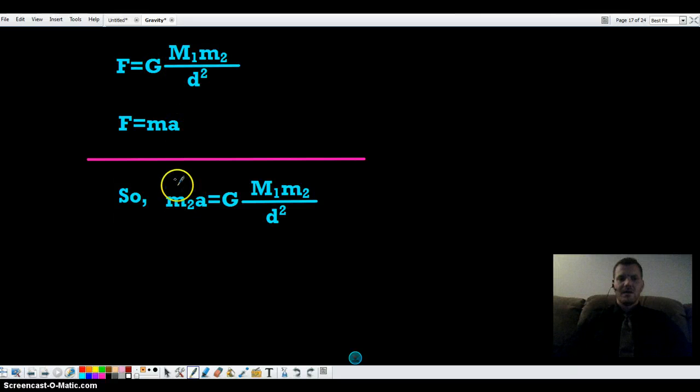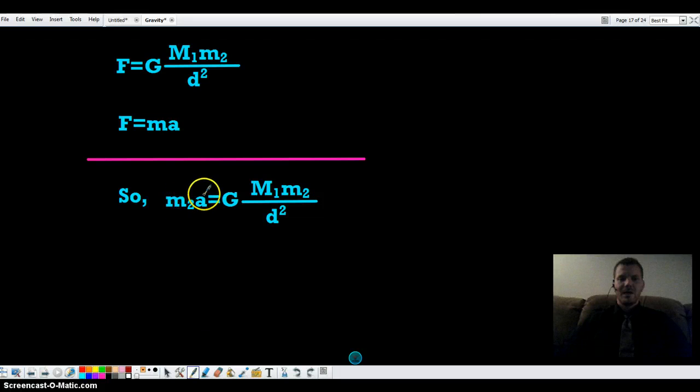All right, so before, when we did this equation, we used, for this m, we used our mass to get our acceleration. So we'll call this m2 to go with our mass up here, m2, and this will be the acceleration that we feel. So if F is equal to ma, we can replace this F with ma.